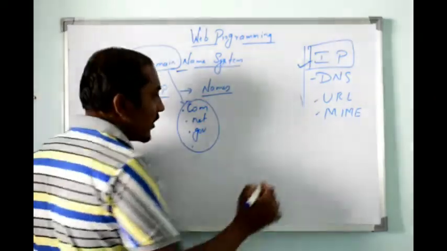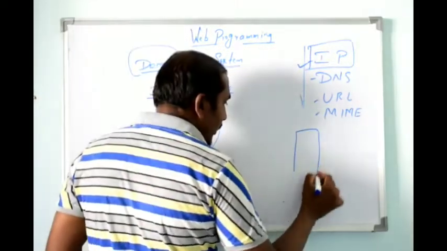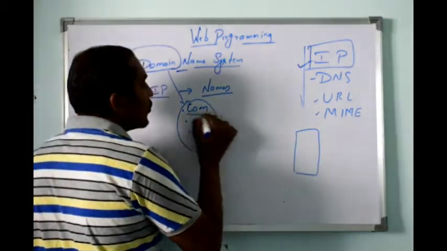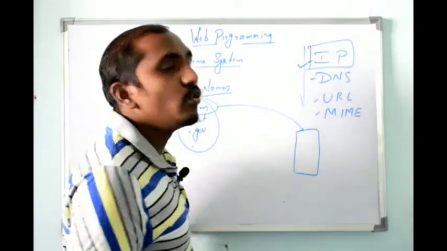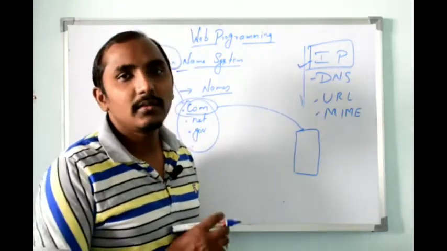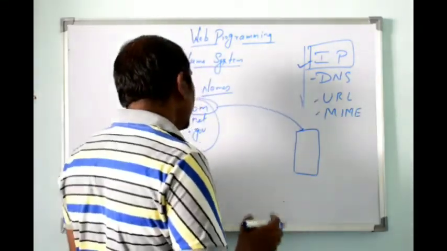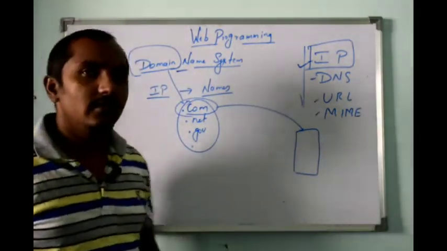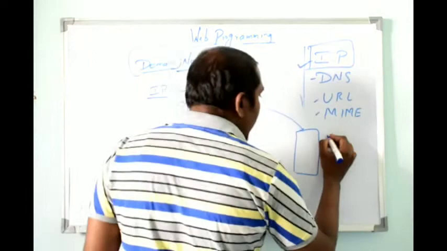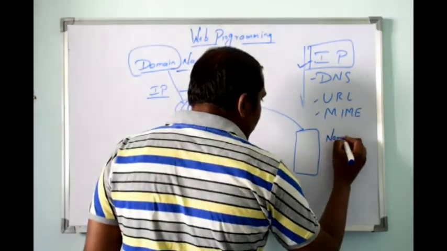If I have a server, that server belongs to a domain like .com. So google.com, yahoo.com and all these different domains will be present in one server, which is your domain name server, called a name server.